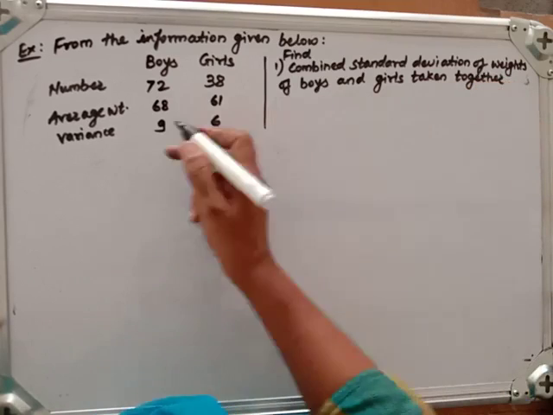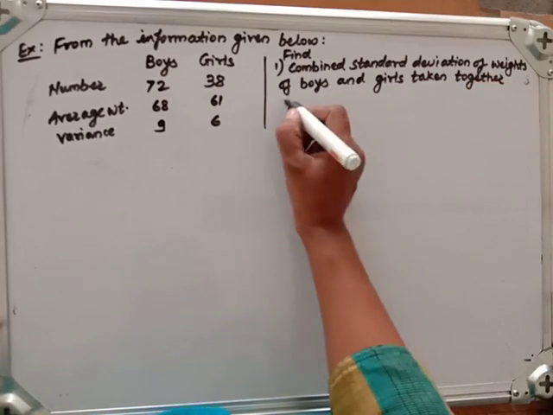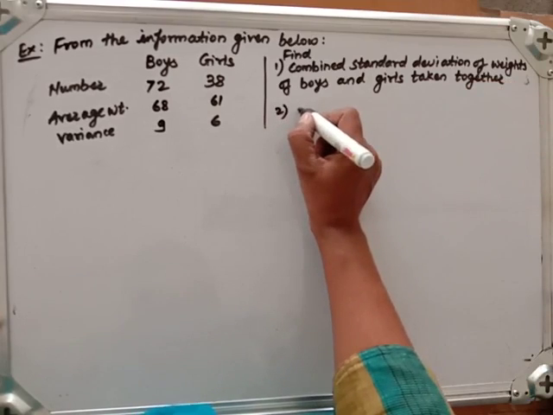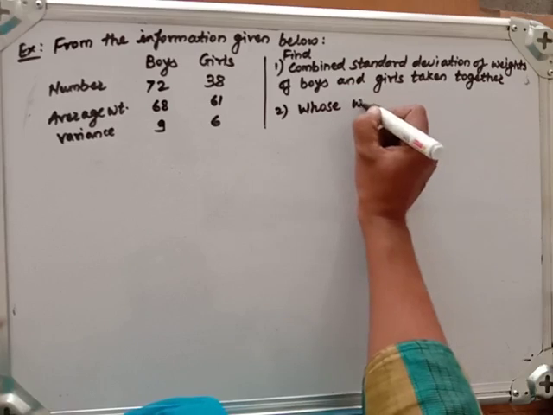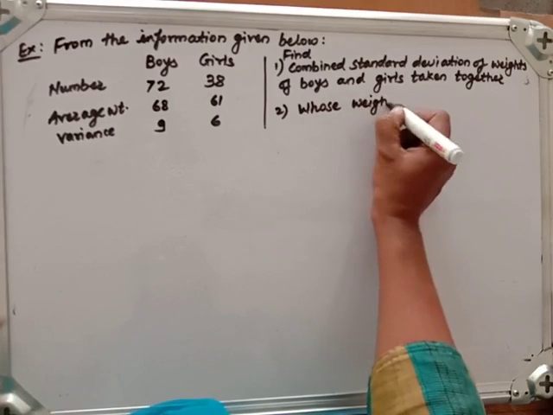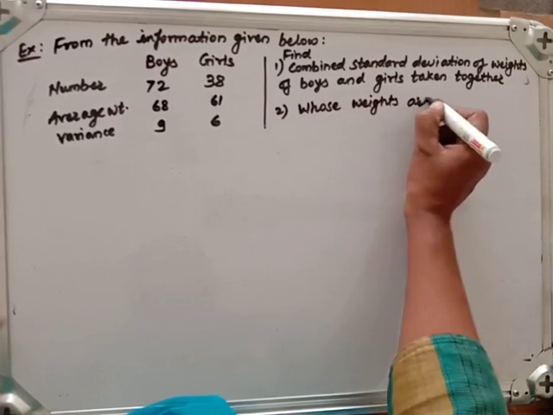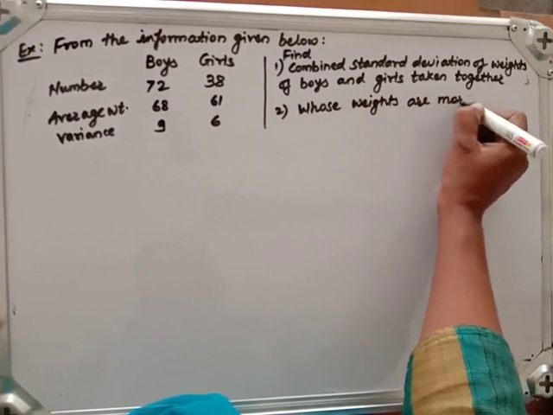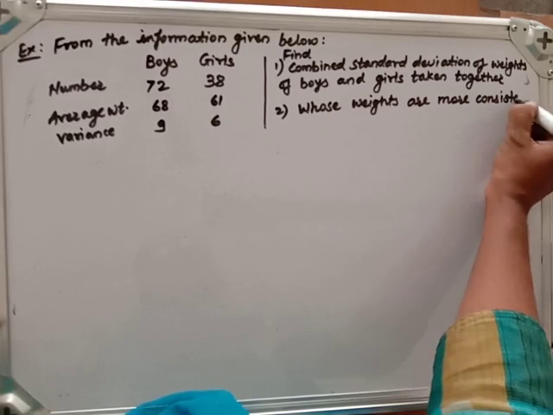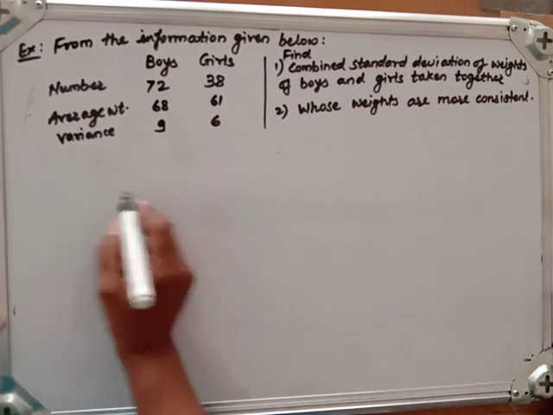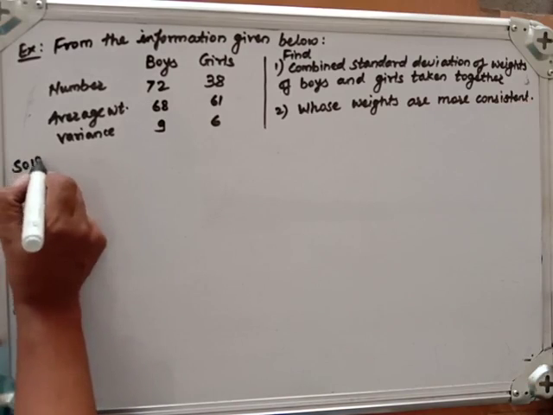We have these things, so we can easily determine that. And the second thing, we have to determine whose weights are more consistent.